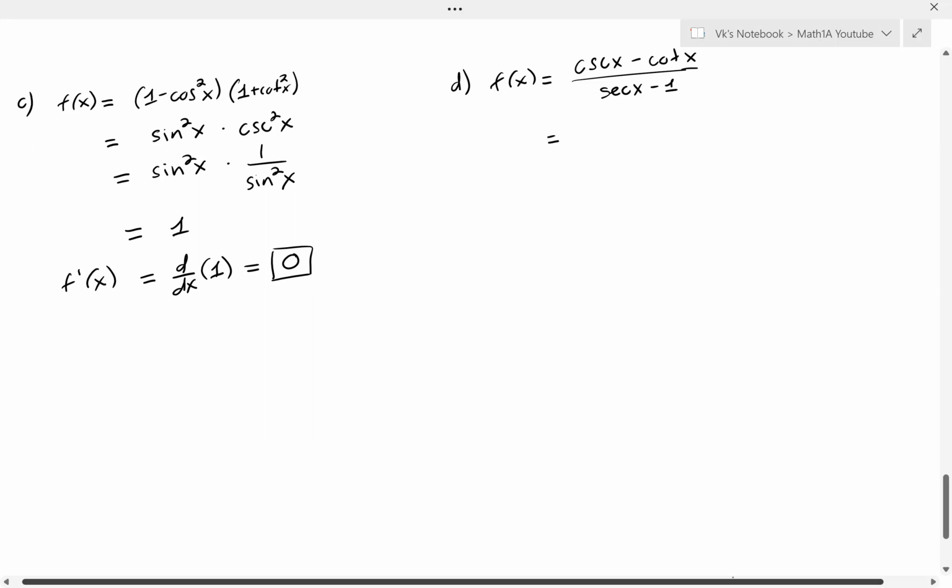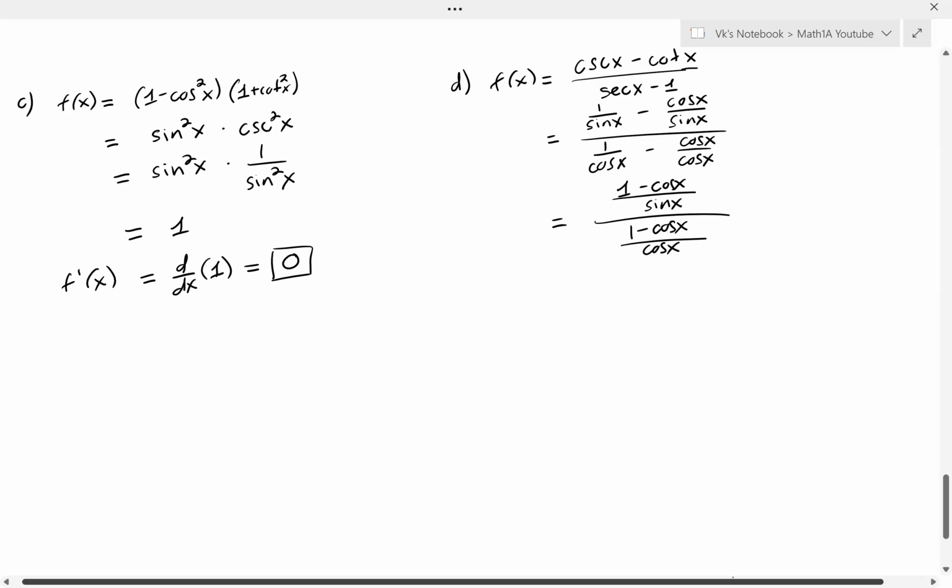Cosecant x is 1 over sine x, cotangent x is cosine x over sine x, secant is 1 over cosine x, and the number 1 is the same as, well, you can write cosine x over cosine x. We have a common denominator here on the top and on the bottom. So on the top we have (1 minus cosine x) over sine x. On the bottom, (1 minus cosine x) over cosine x.